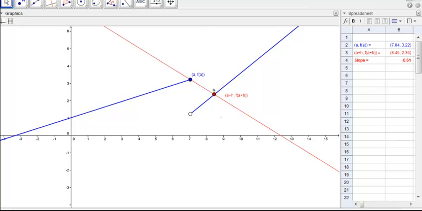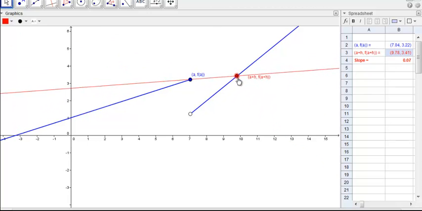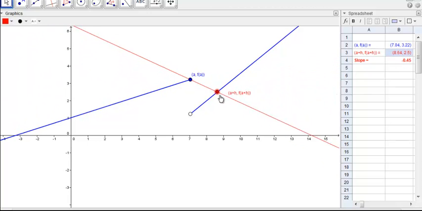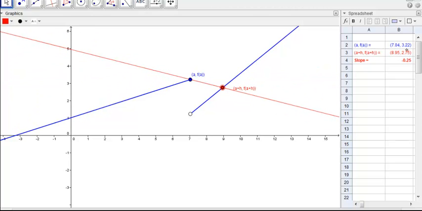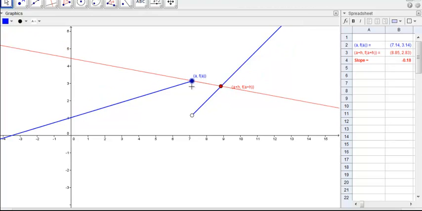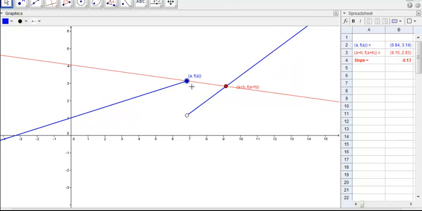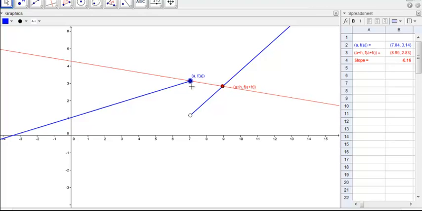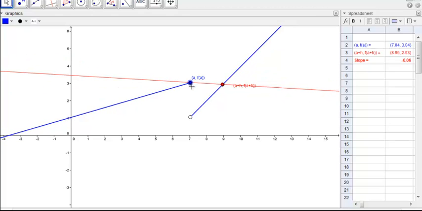Now, let's look at some difference quotients. What we're looking at here is the slope of these secant lines. And over here, you can see these points. Let me make this the point 7, 3. I can't exactly, but anyway, there it is. And here's another point nearby.